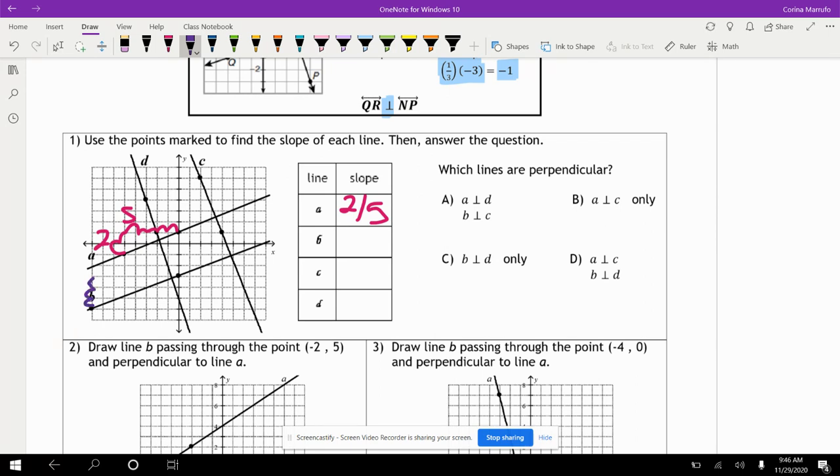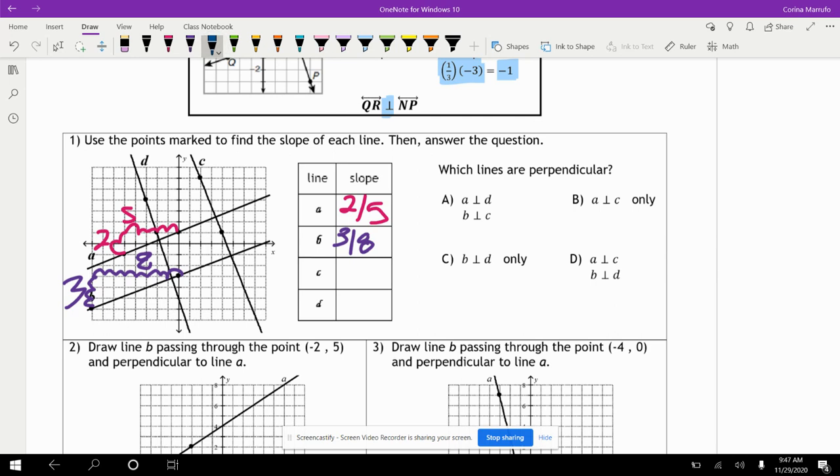It goes up 1, 2, and 3, and it runs 1, 2, 3, 4, 5, 6, 7, 8. So this is 8 and this is 3. So our slope here is going to be 3/8.